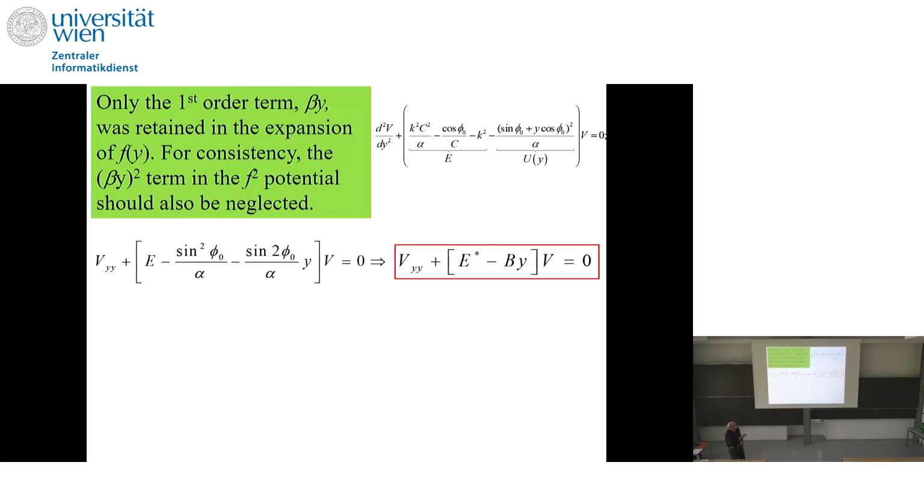So you cannot leave the Y squared term here if you expanded F to first order only. I understand. What I'm saying is, in order to be consistent, you should drop it, because there is no question that now I'm accurate to first order.